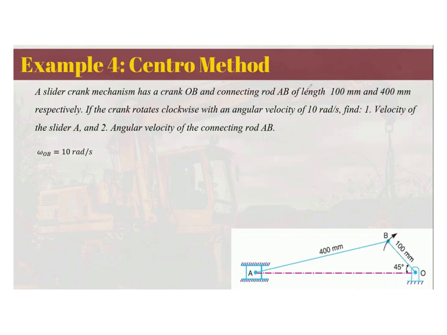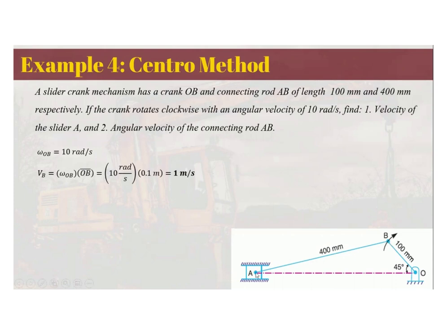So first we can solve for the known velocity, which is simply the angular velocity times the radius. The angular velocity is 10 rad per second, and the radius OB is 0.1 meter. So the velocity of B is 1 meter per second.